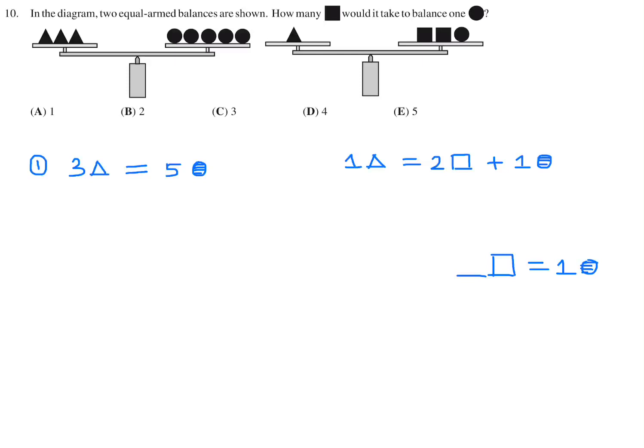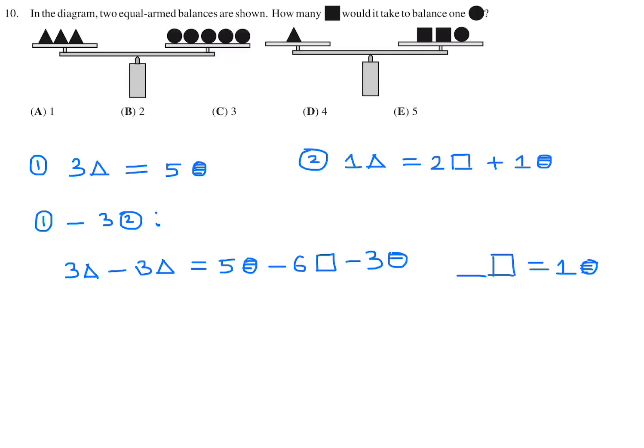So I'm going to somehow try to get rid of the triangles. And I can easily do that. Equation 1 minus 3 times equation 2. That should do it. So I've got 3 triangles minus 3 triangles as planned. And on the right side, I'll have 5 circles, and then I've got to multiply by 3 now. So 6 squares minus 3 circles.